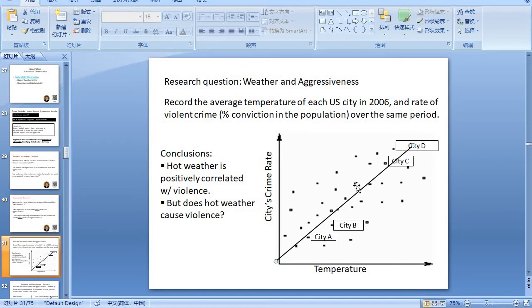Suppose you measure how far away each dot is from the best fitting line, and add them all up. The combined distance from all the dots to the best fitting line should be the shortest possible. This is the only best fitting line possible for the data points.